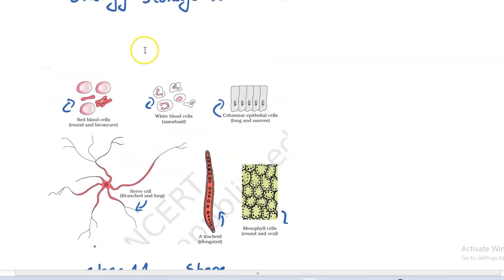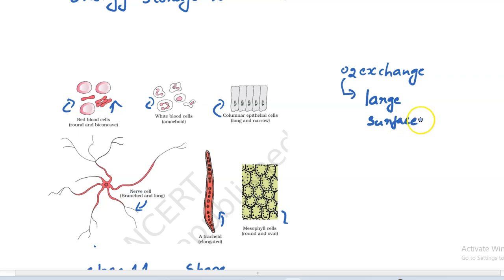Starting with RBCs. Round surface, biconcave structure. This shape helps in oxygen exchange in the blood capillaries of the tissues and organs by the red blood cells. Biconcave indicates it has a large surface area compared to width, a large surface area over volume.